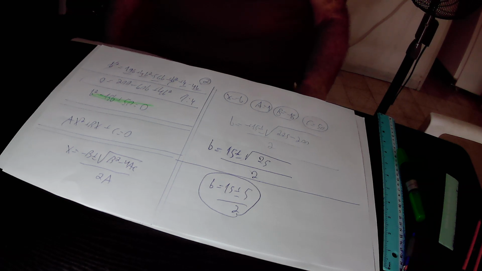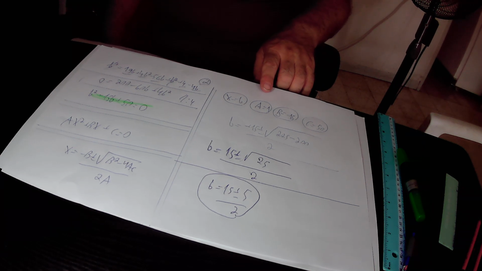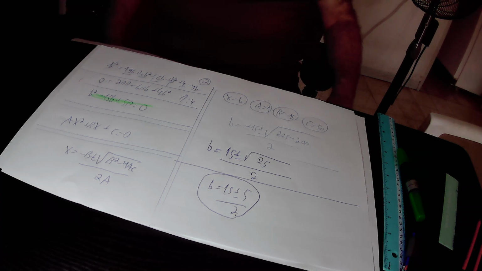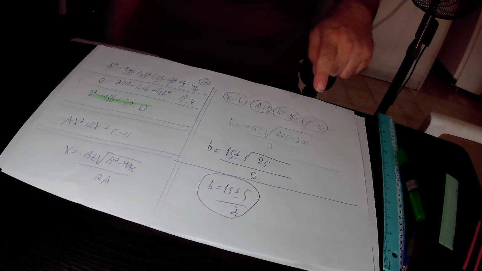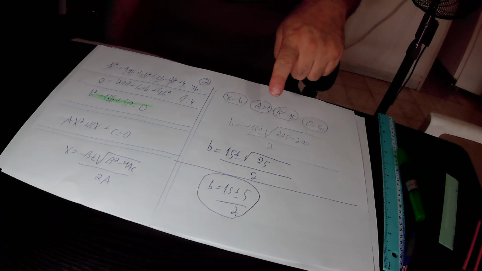Minus 4 times a times c: a is 1, so minus 4 times 1 is minus 4, times c, which is 50, so minus 4 times 50 is minus 200. So inside the root we have 225 minus 200, divided by 2a. A is 1, so 2 times a is 2.